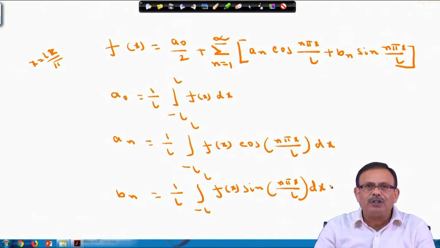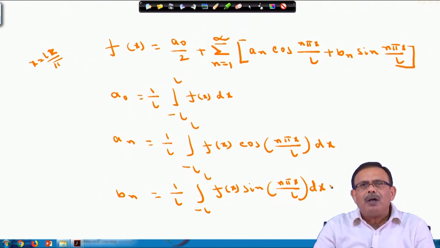Now, if a function f(x) is defined in minus L to L, then f(x) can be expanded in terms of Fourier series as f(x) equals a naught by 2 plus summation n equals 1 to infinity a n cos n pi x by L plus b n sin n pi x by L, where a naught equals 1 by L, minus L to L f(x) dx, a n equals 1 by L, minus L to L f(x) cos of n pi x by L, and b n will be 1 by L, minus L to L f(x) sin n pi x by L.